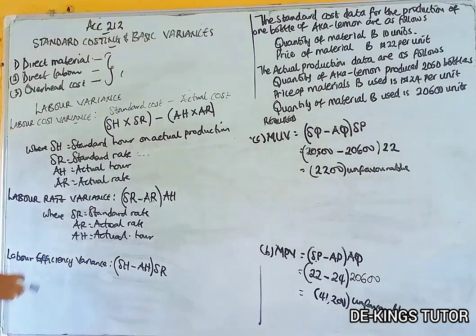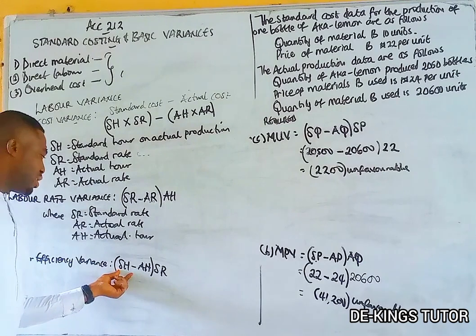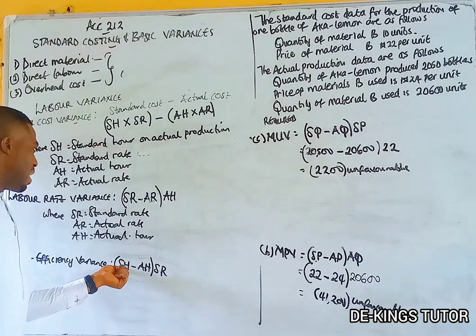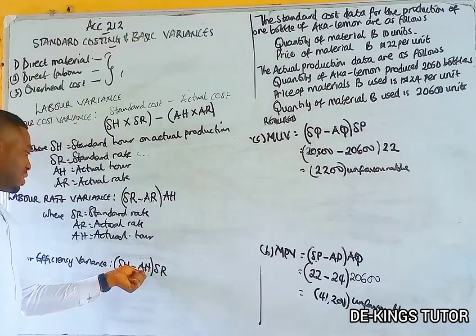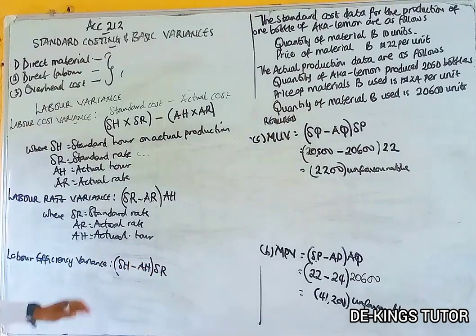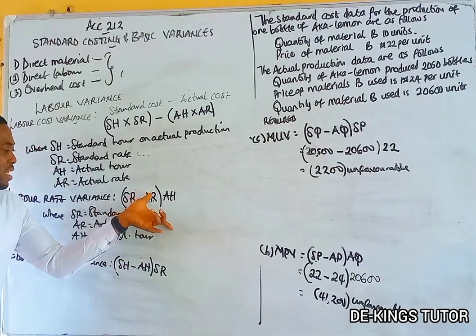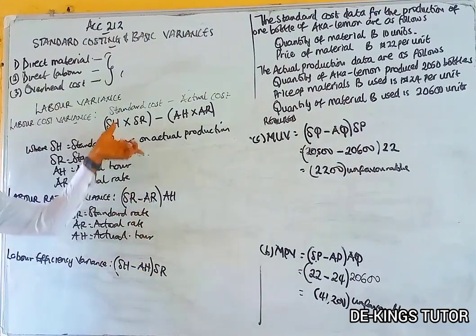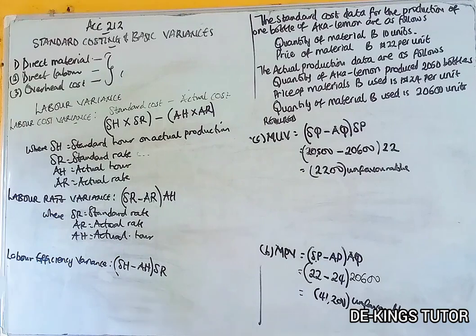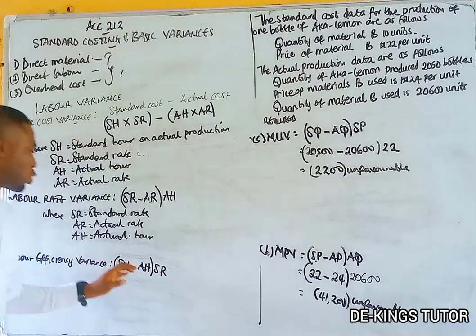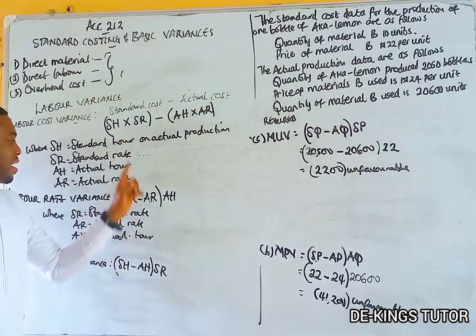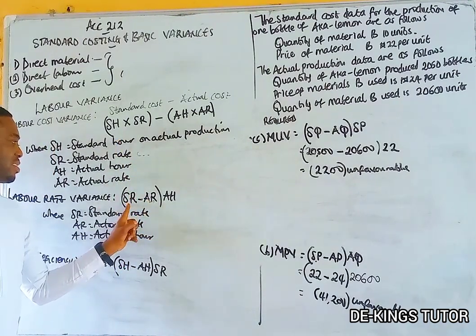So you can complete it where SH is the standard hour on actual production, this is the actual hour, and this is the standard rate. Now the same way, look up, this plus this will give what? This. Okay? So let's see this question. Also, like I said, in some texts, you can see this coming first and this.